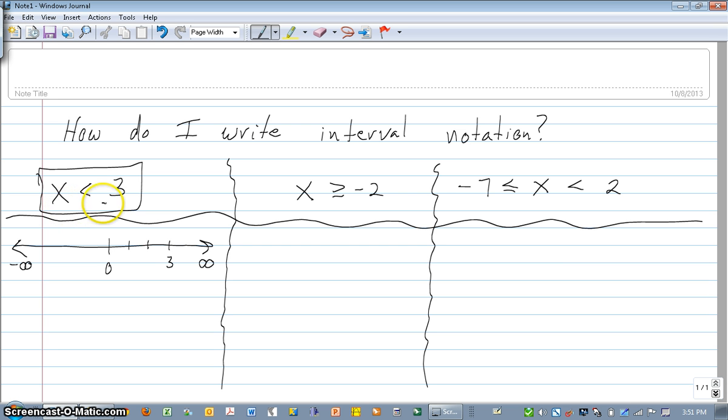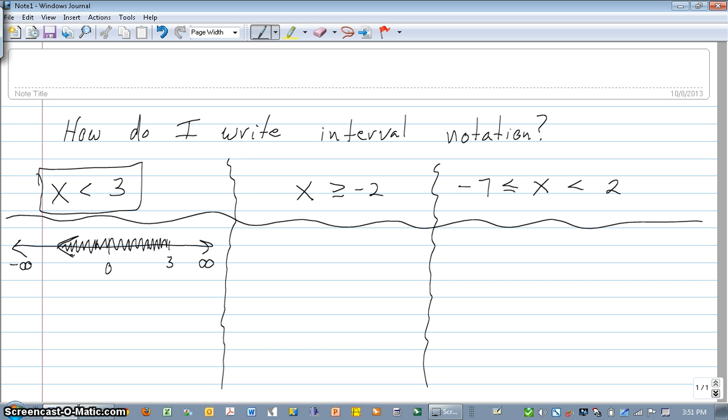Now, reading this inequality, x less than 3, less than indicates on the real number line to the left. So this inequality is indicating we want to shade in all values to the left of the number 3. I'm going to shade in all of the numbers to the left of 3, and we would go forever if we could in that direction.